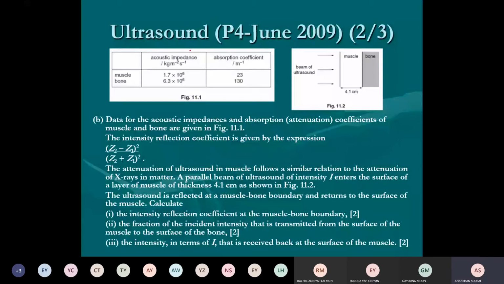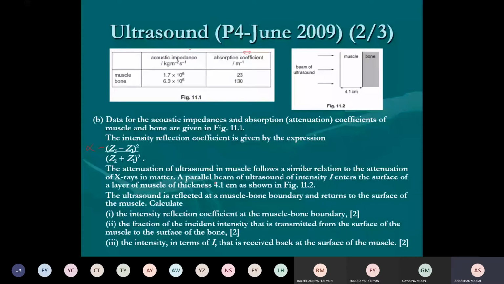They give acoustic impedance, they give absorption coefficient, they give the diagram. The muscle thickness is 4.1. Data for the acoustic impedance and absorption coefficient of the muscle and bone are given in the table. The coefficient is this, the alpha. The attenuation of ultrasound in the muscle follows a similar relation to the attenuation of X-rays in matter.